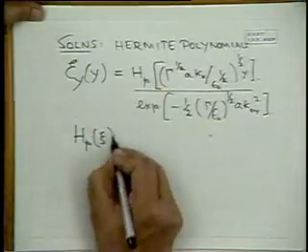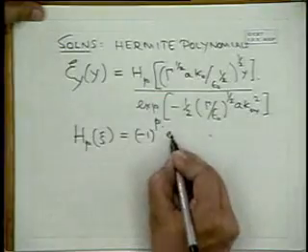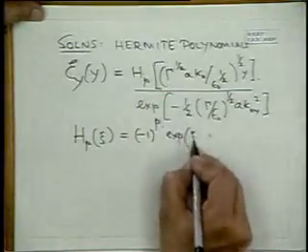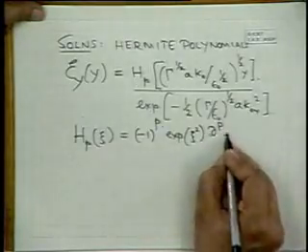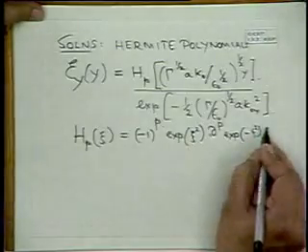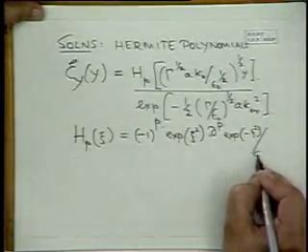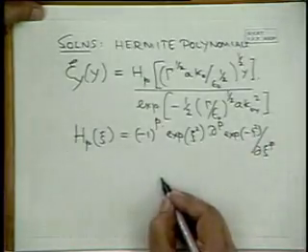Hp xi by definition is minus 1 to the power p exponential xi squared d^p exponential minus xi squared over d xi to the power p. This is the basic definition of a Hermite polynomial.